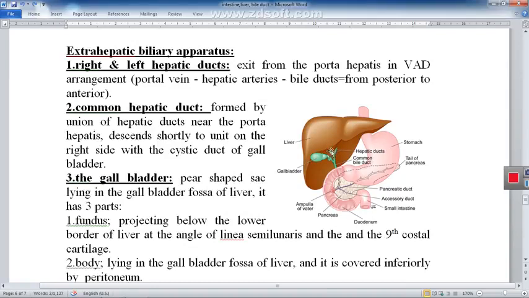The left and right hepatic ducts unite at the porta hepatis to form, number 2, the common hepatic duct. The common hepatic duct descends shortly, and then unites on the right side with the cystic duct, which is the duct of the gallbladder.